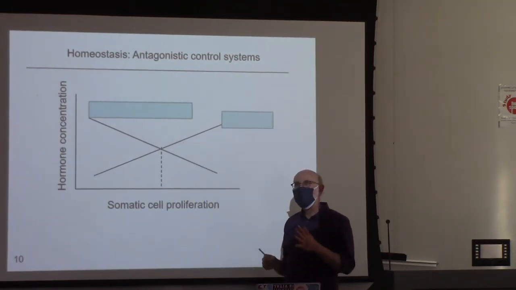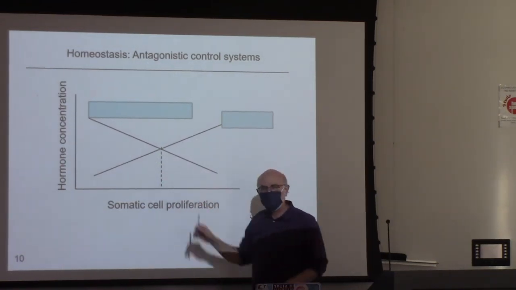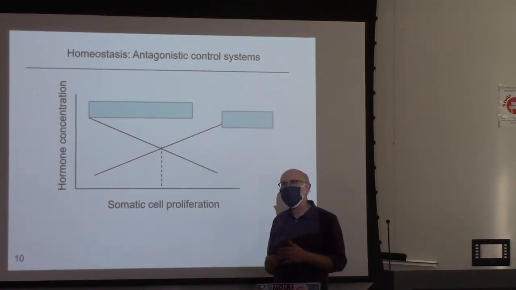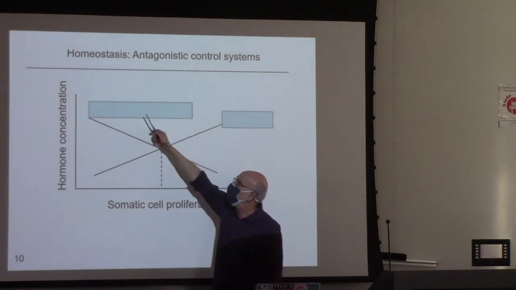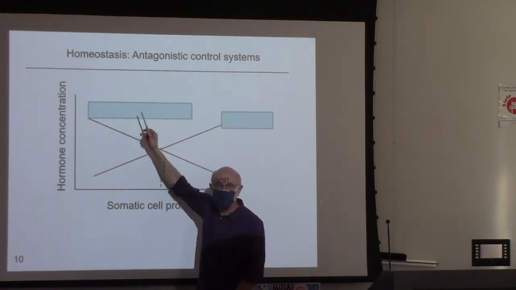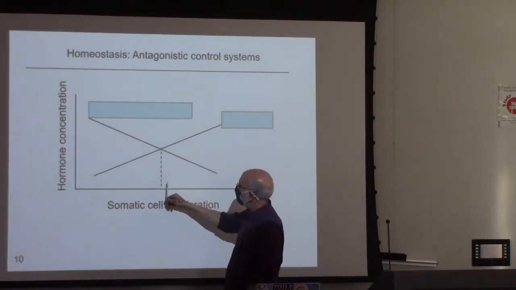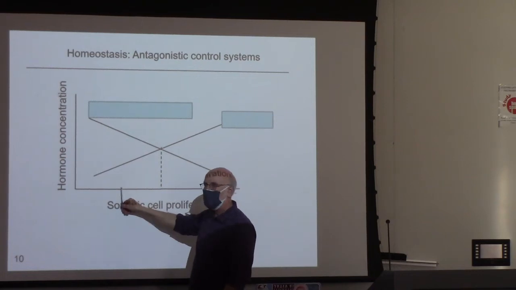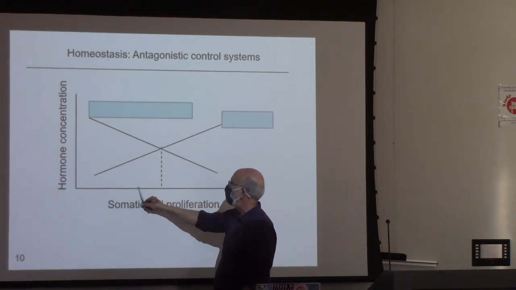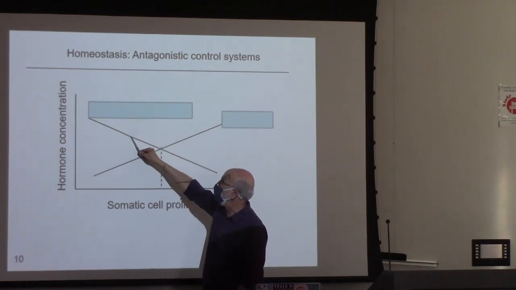In order to maintain growth homeostasis, to achieve a set point of proliferation and growth, what goes in this box? Somatostatin? Let's see if this works. If growth is low, low somatic cell proliferation, do we want more somatostatin?